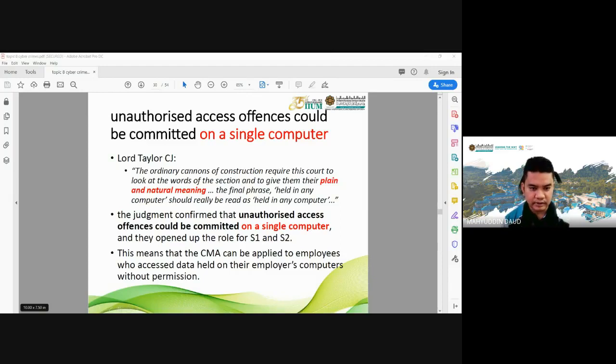That is an example of you commit unauthorized access on a single computer. It means you go and do something to that computer, and you change the data, you modify, or maybe you use the computer so you can get the product or something for a discount or for free, maybe.